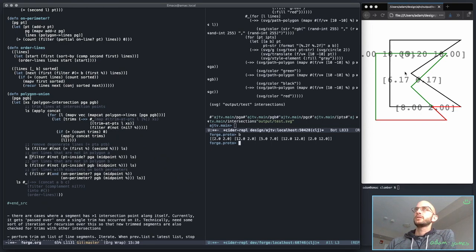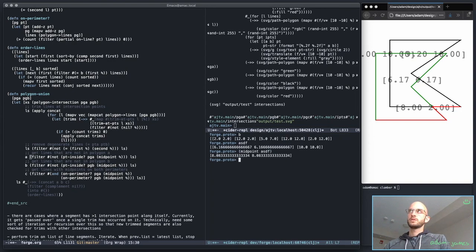And apparently the midpoint of ASDF, let's call it 8, 8 for testing purposes, ends up inside this, but I don't see how that's true.